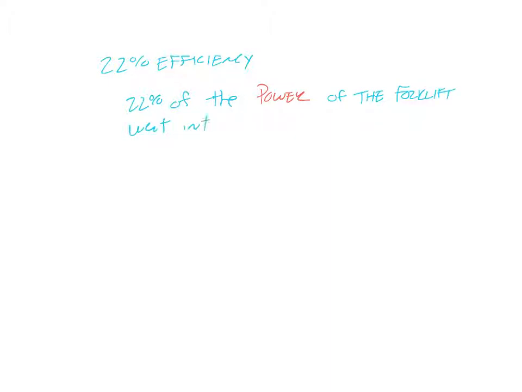So 22% efficiency means that 22% of the power of the forklift went into lifting the box.